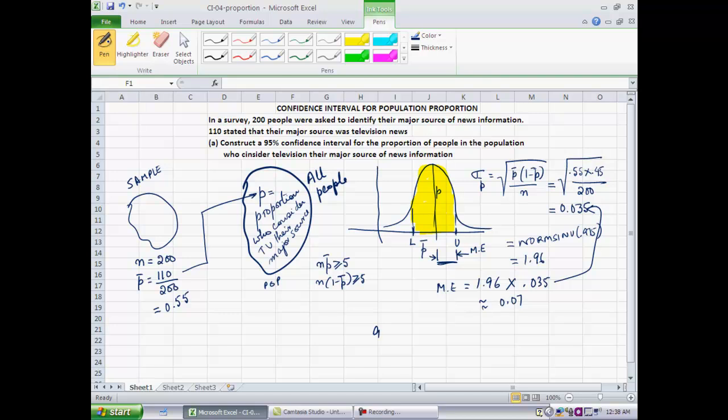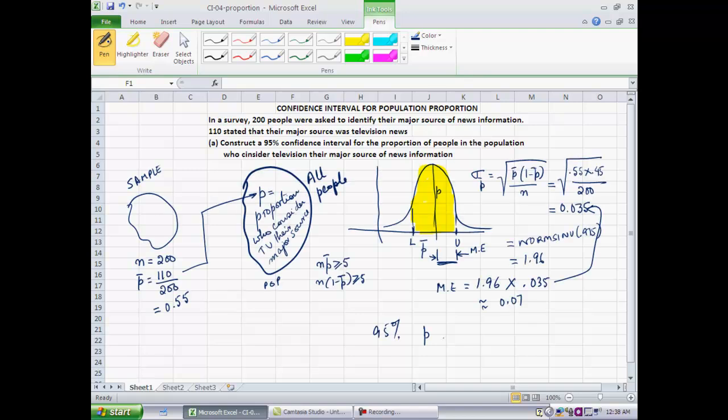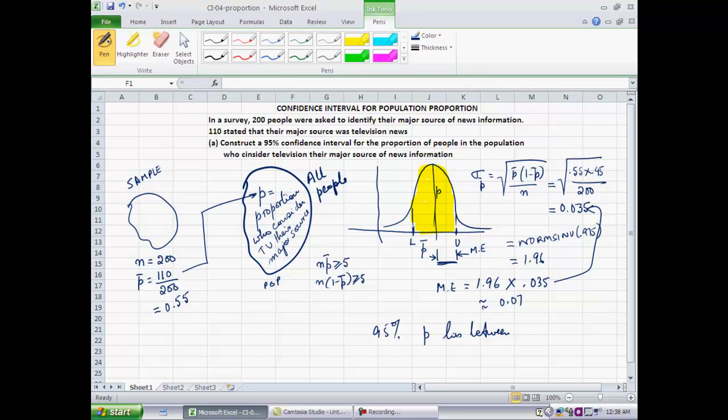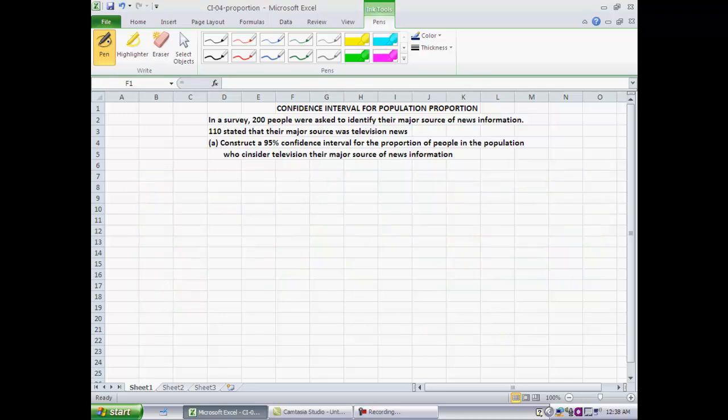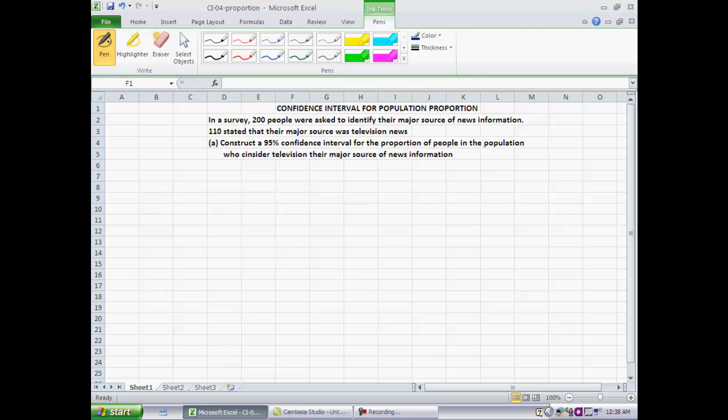Hence, I am 95% sure that p, the population proportion, lies between 55%, which is the sample statistic, 0.55, plus or minus 7%.